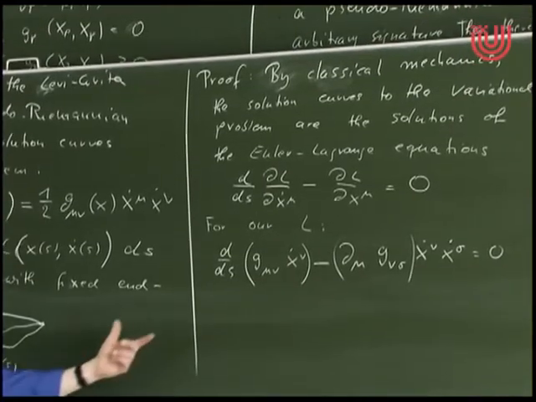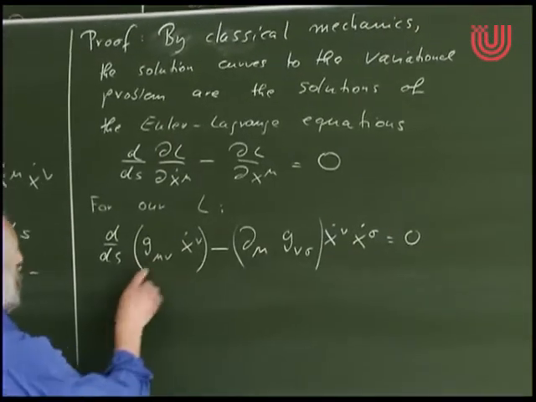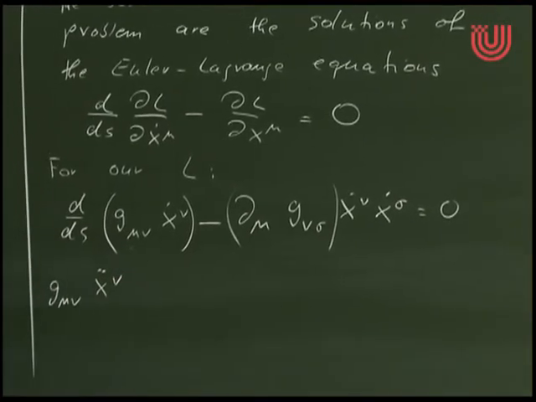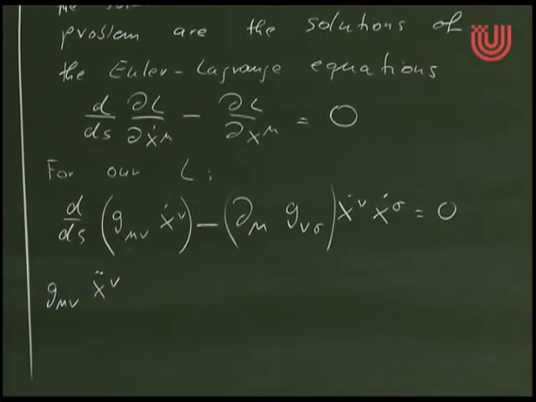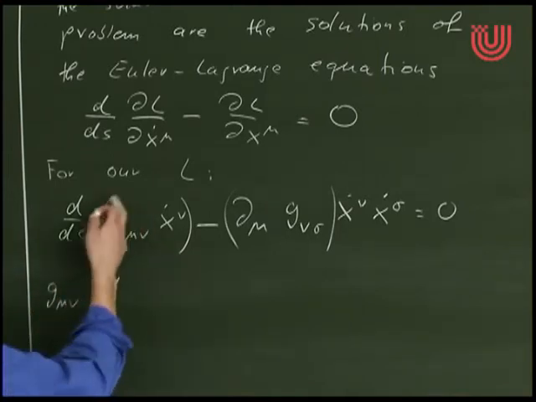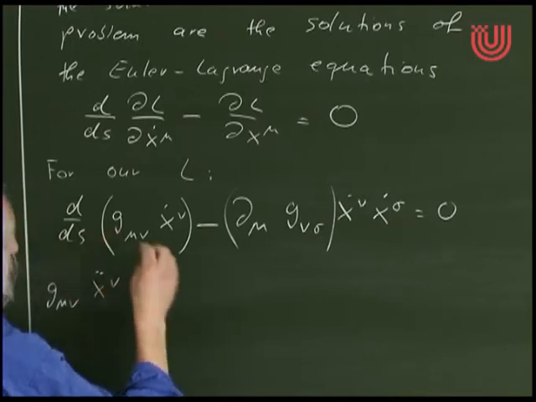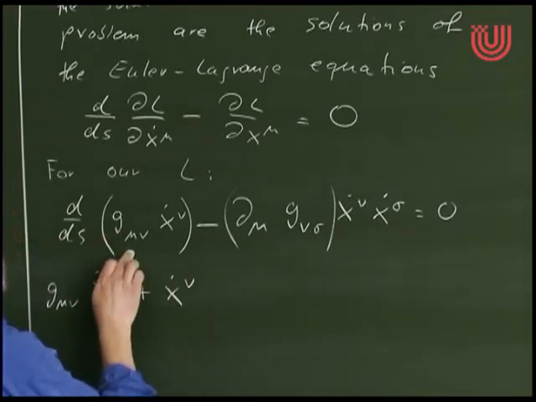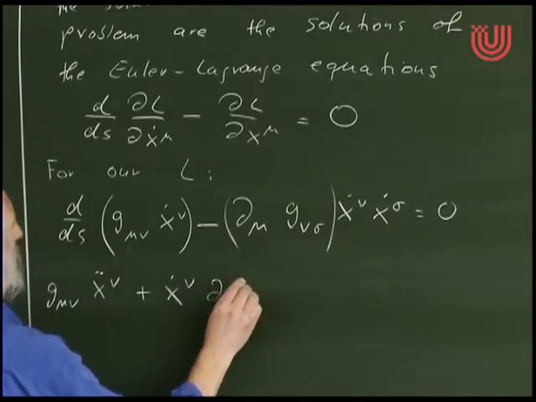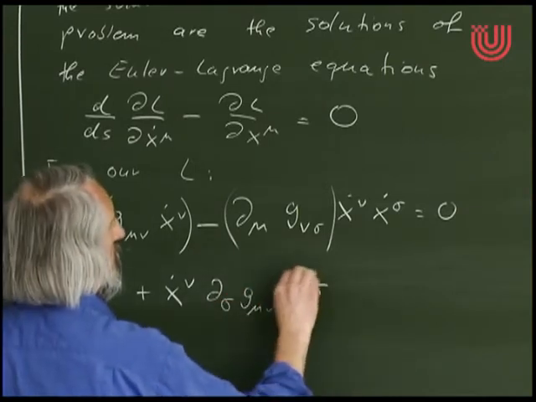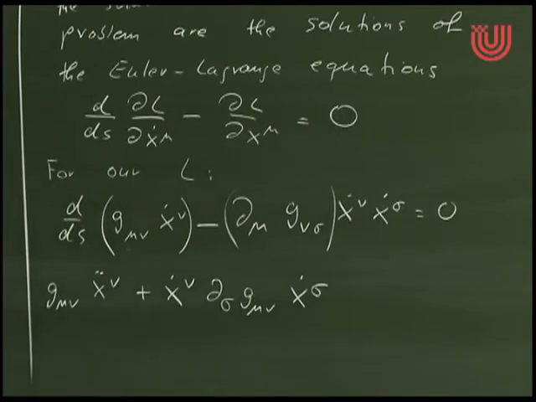Well, here I have to use the product rule, of course. First I leave this constant. Then I get x^ν double dot. Dot means derivative with respect to s. And this I have to do with a chain rule: x^ν dot, and this gives me a derivative ∂_σ g_μν x^σ dot.